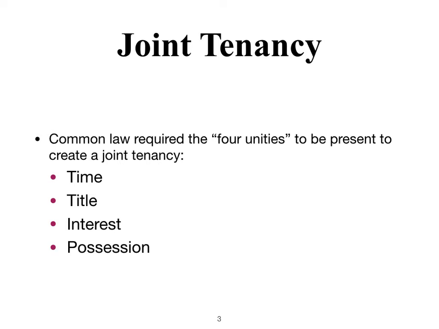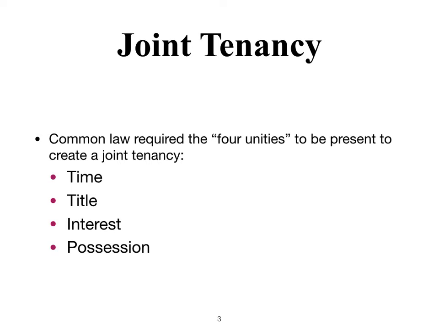The second unity is title. Title requires that all co-tenants acquire the title to the property by the same instrument. So the same instrument must convey the title or the interest to both A and B if A and B are joint tenants.